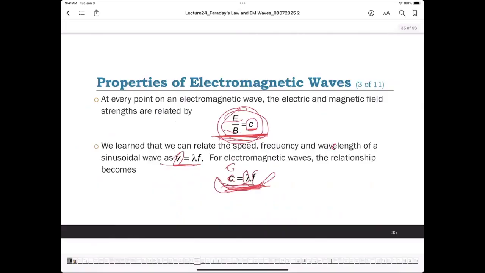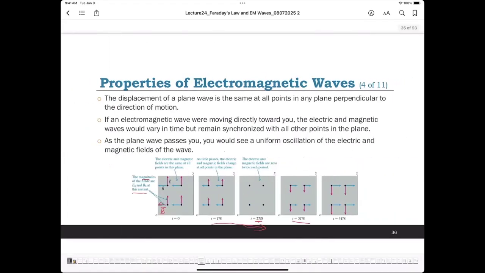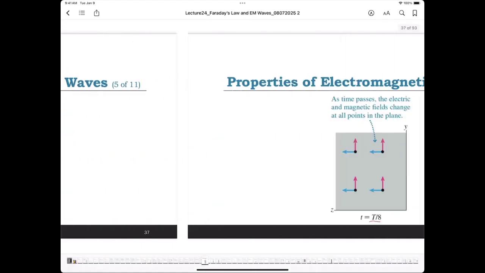Also, for electromagnetic waves, the electric and magnetic field strengths have this relationship. And for the electromagnetic wave, the wavelength and the frequency have this equation. After that, we talked about how the electric field and the magnetic field change as time passes.